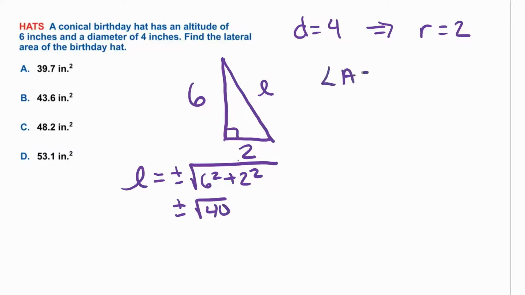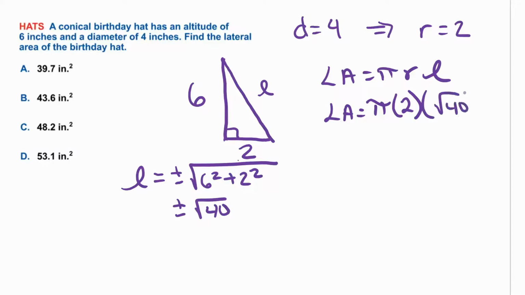The lateral area equals pi RL, which would be pi times the radius, which is 2, times the slant height, which is root 40. And we would have approximately 39.7 inches squared.